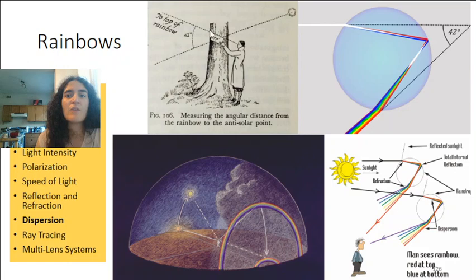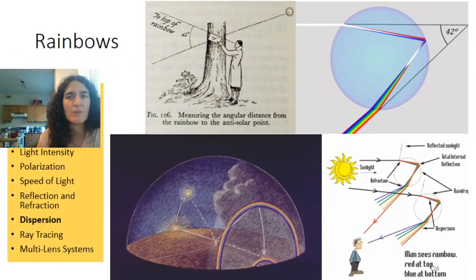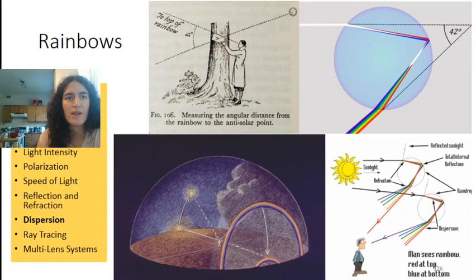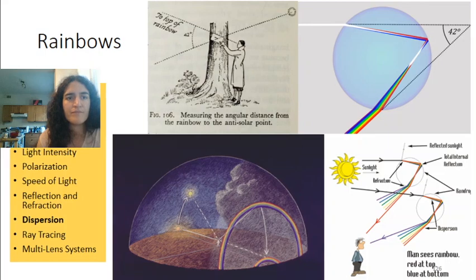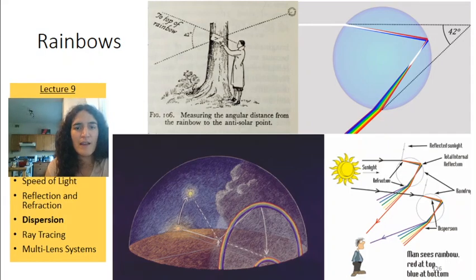Then you position the top of the paper in the direction that it points towards the top of the rainbow. So you could measure the angle that the rainbow makes according to the shadow of the pencil on your paper. I just wanted to include some pictures of how rainbows can be explained.